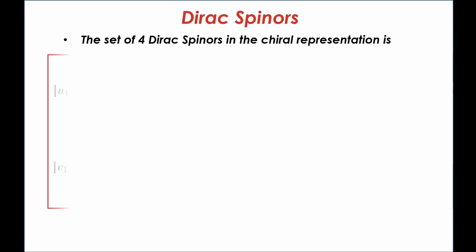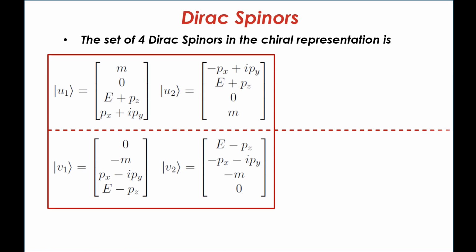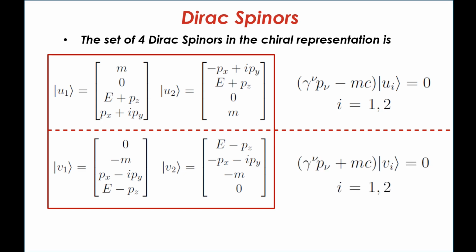For reference, the set of four Dirac Spinors in the chiral representation are given in the red box. We see that the two spinors U1 and U2 on top of the dashed line apply to electrons and satisfy the momentum space Dirac equation on the right. Likewise, the two spinors V1 and V2 under the dashed line apply to positrons and satisfy a separate momentum space Dirac equation also on the right.